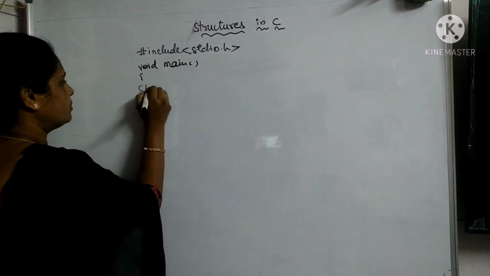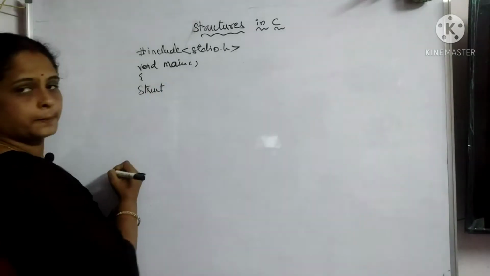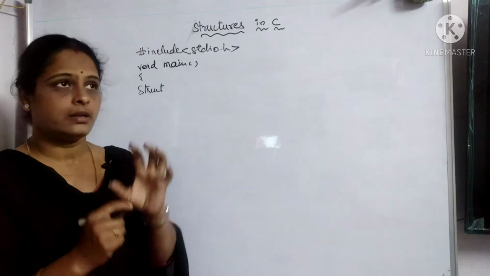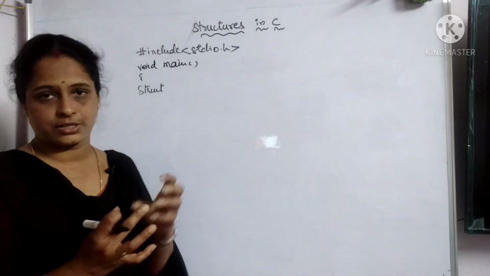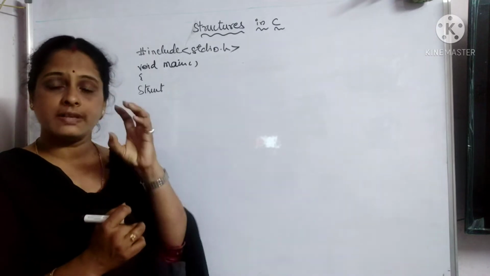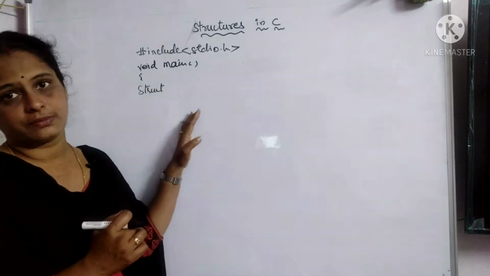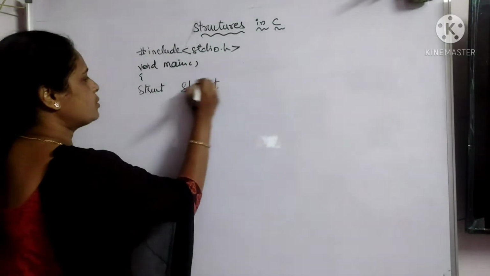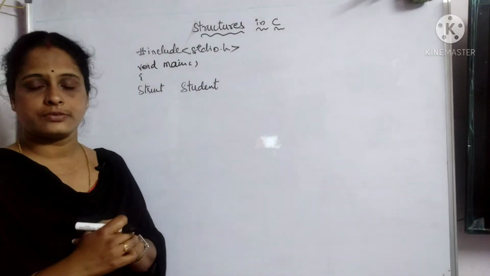So what do I do? Struct. Now here what should I give? Struct is the keyword we have to use for creating a structure, followed by a tag name, nothing but an identifier which will give the name for this structure. So suppose I wanted to create a structure for student.